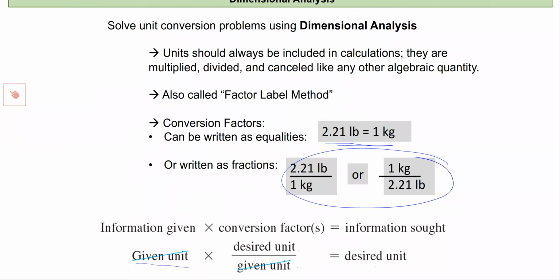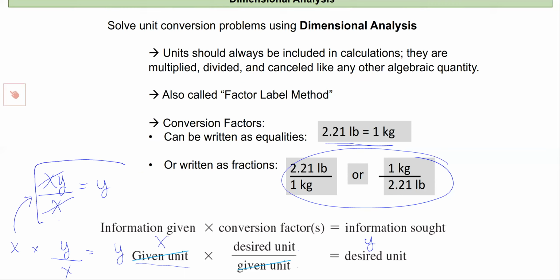This makes, I think, a bit more sense when you take a step back and look at it in terms of variables. So let's call our given unit X and our desired unit Y. If I had an equation that looked like this, X times Y divided by X, I would be able to cancel out my X values just by looking at this and say, well, yeah, that equals Y. And so when we have a conversion problem, we're taking X, our given unit, and multiplying it by a conversion factor, Y divided by X, to get our desired unit Y. If we multiply this all out, it equals this representation here.